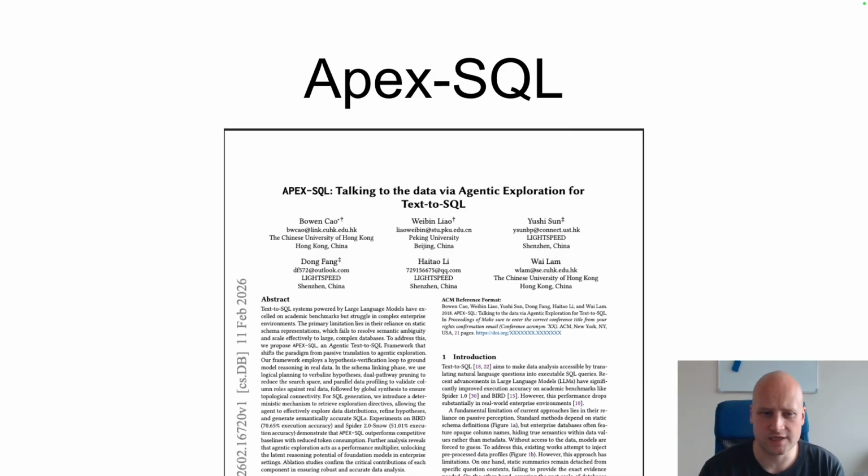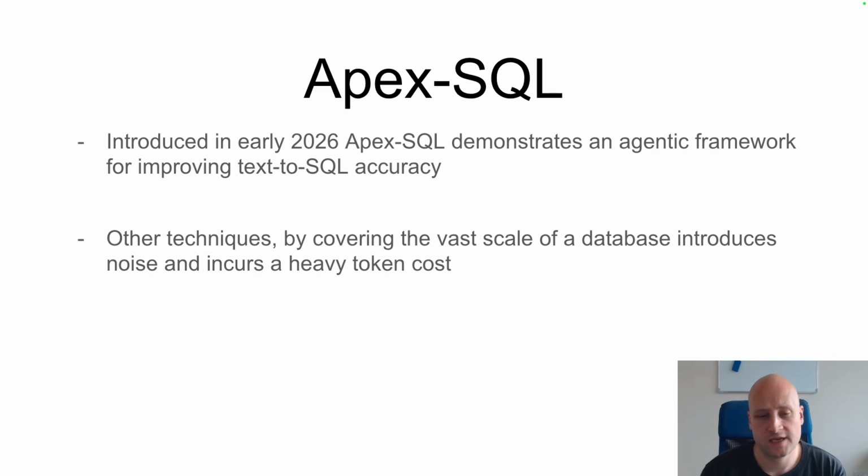Apex-SQL is a paper that was introduced in early 2026 that introduced the type of agentic exploration to improve the performance of text-to-SQL methods. Apex-SQL has an advantage over other techniques that cover the entire database schema. By covering the vast scale of a database, this introduces noise and also incurs an unnecessarily heavy token cost for a given text-to-SQL method.